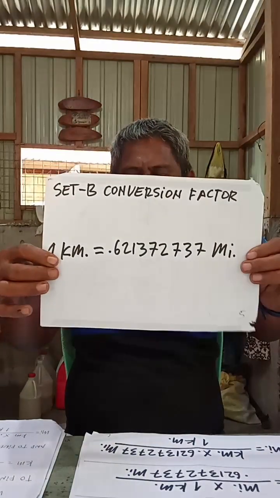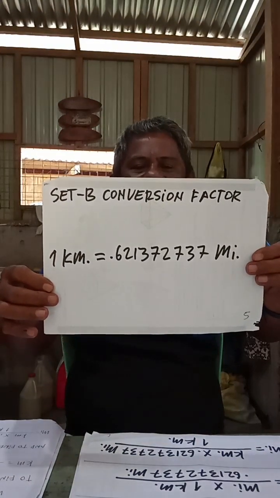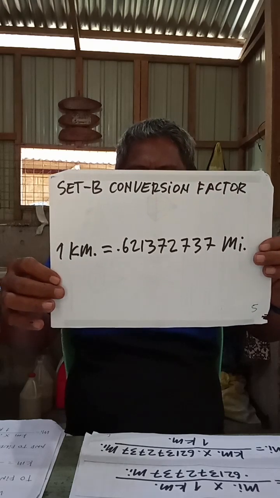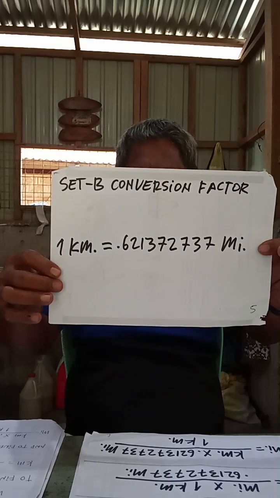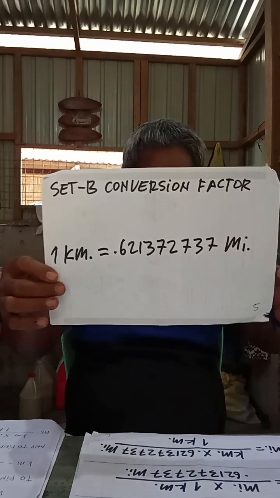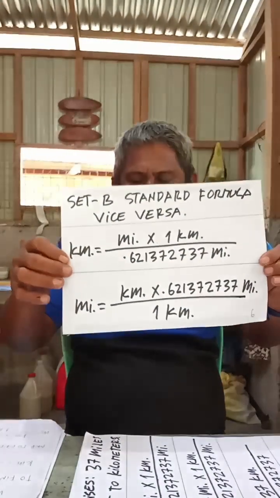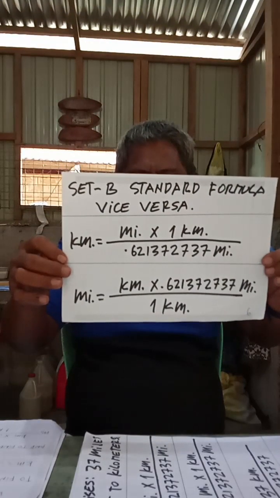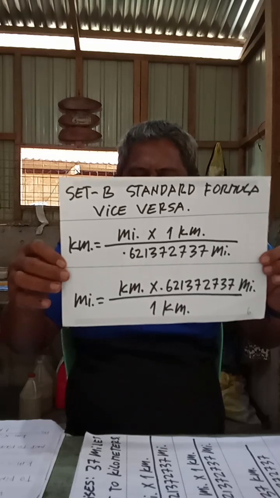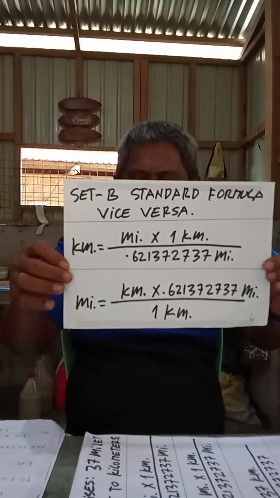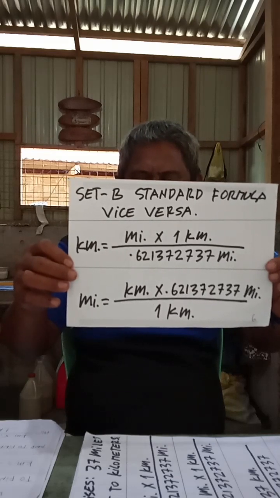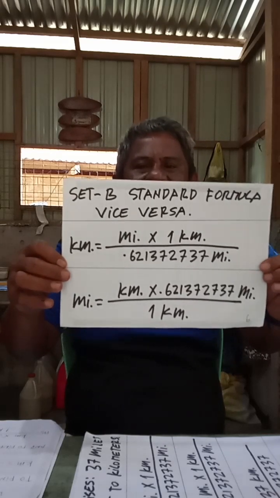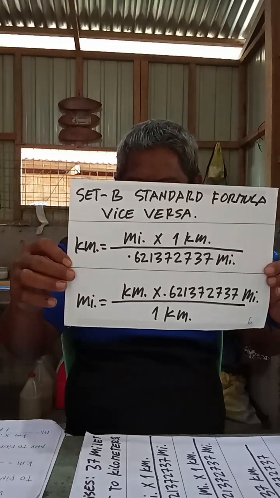Set B conversion factor: 1 kilometer is equal to 0.621372737 mile. Then our standard Set B formula, vice versa: to find kilometer is kilometer = mile times 1 kilometer over 0.621372737 mile.